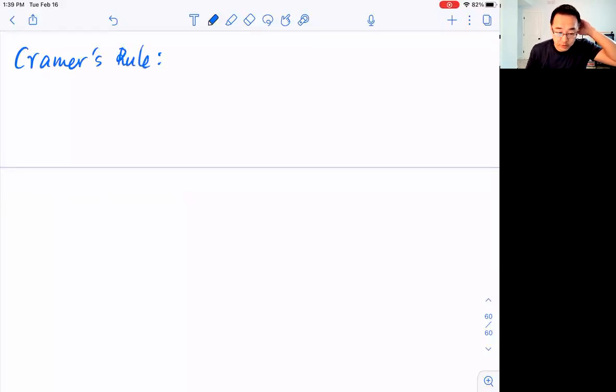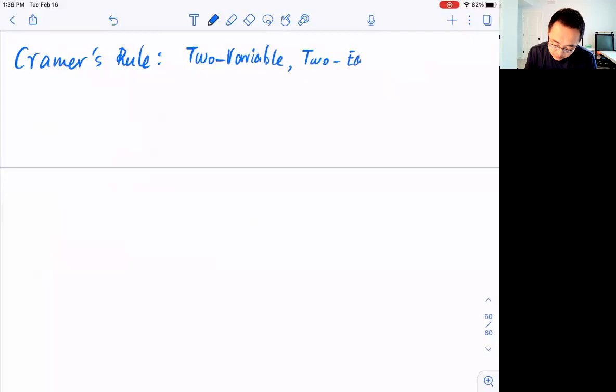Okay, so Cramer's rule says that, again, let's start with the two variable, two equation linear systems, okay? And if you have two variable, two equation systems.